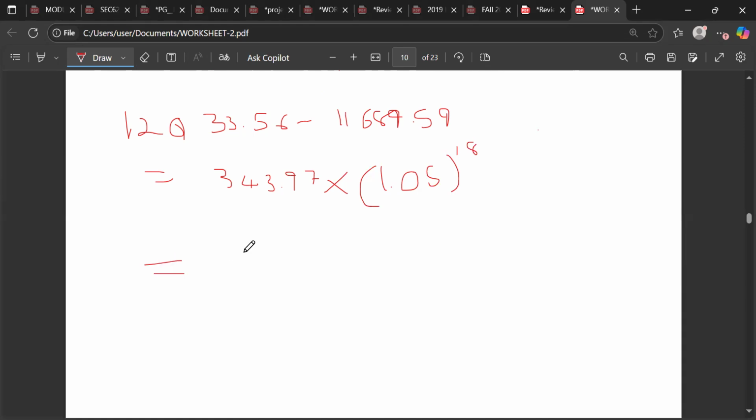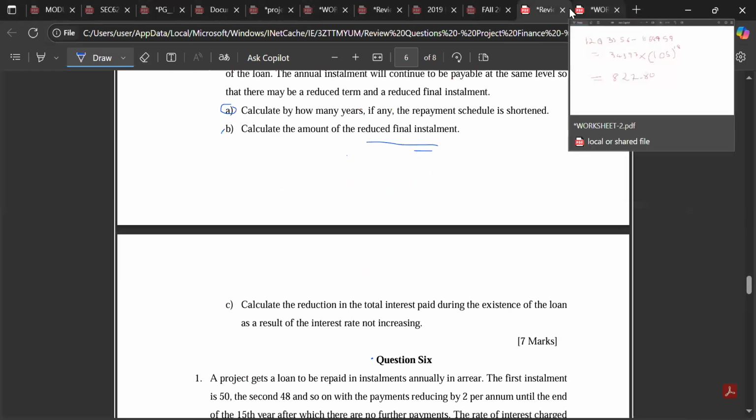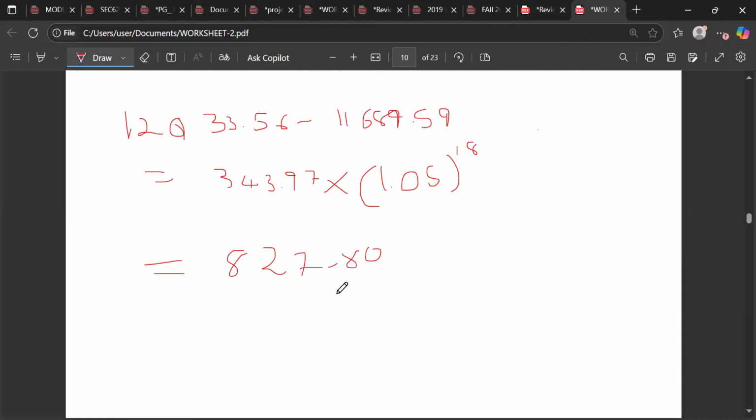We're getting 827.80 as the amount we are saving in this case. So the amount reduced in the final installment is 827.80. Are we okay here?